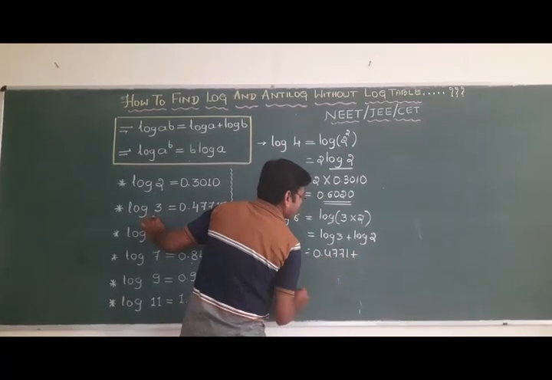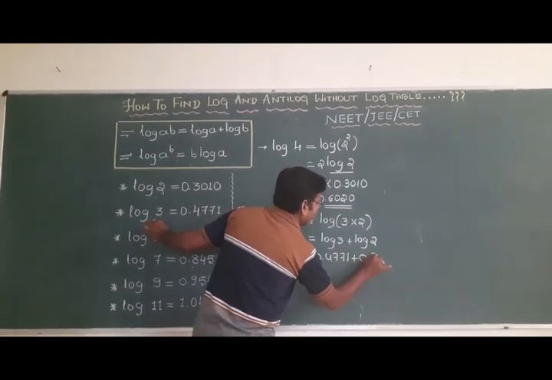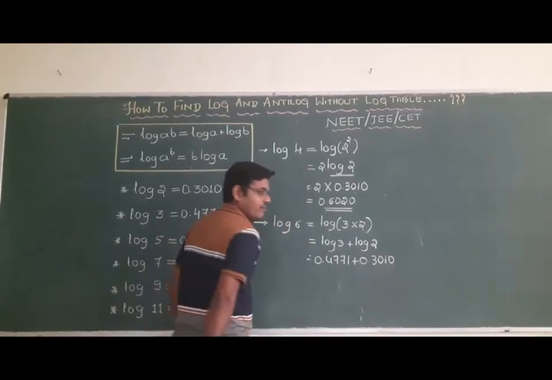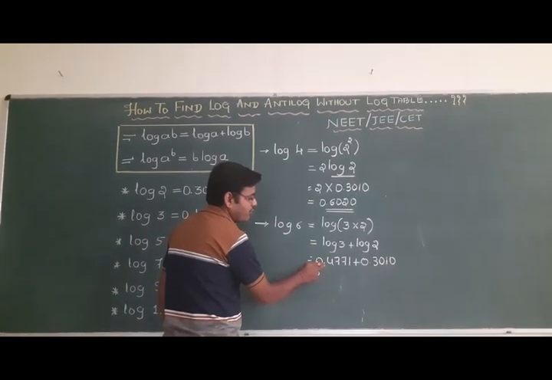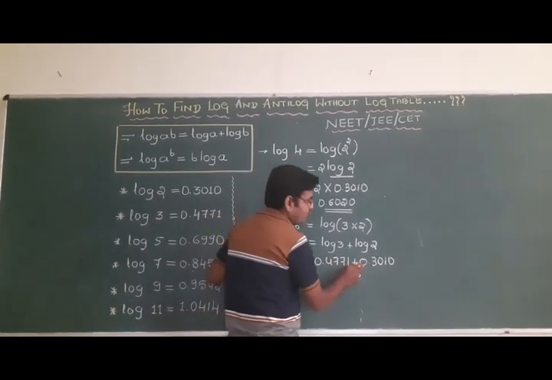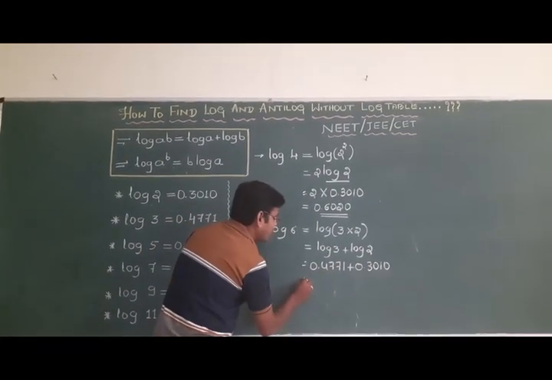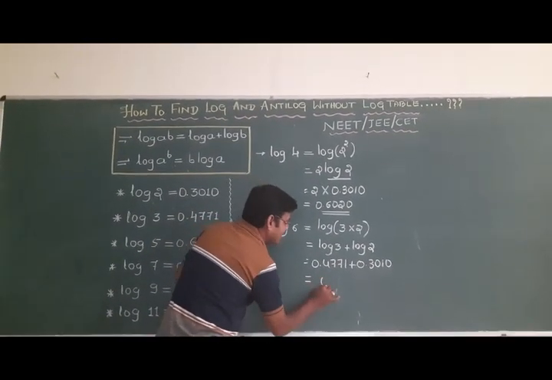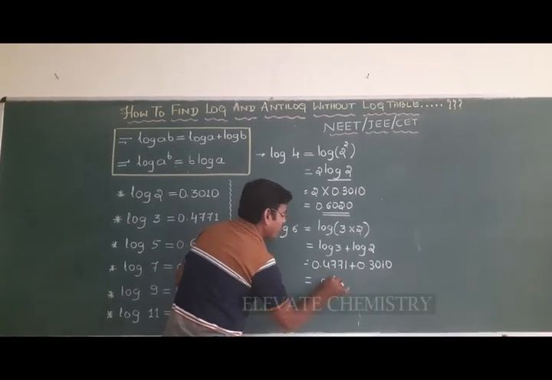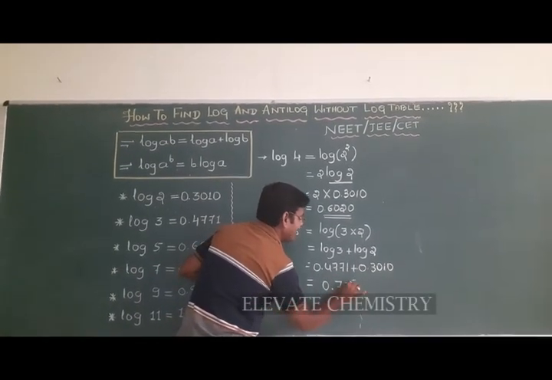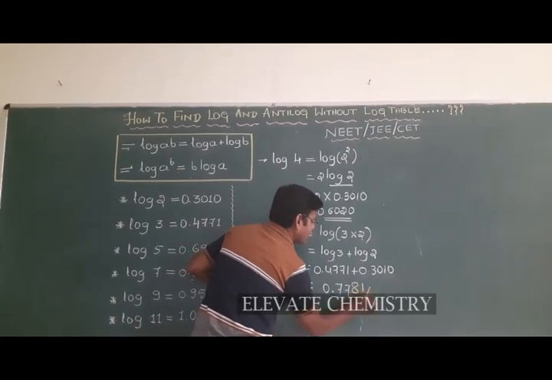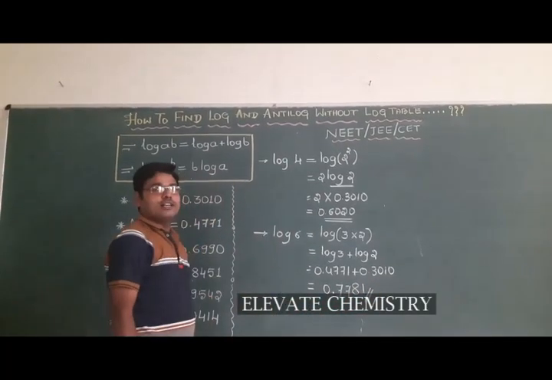Log 3 value is 0.4771 and log 2 value is 0.3010. Now add these two values, you will get the answer 0.7781. So this is the answer for log 6.